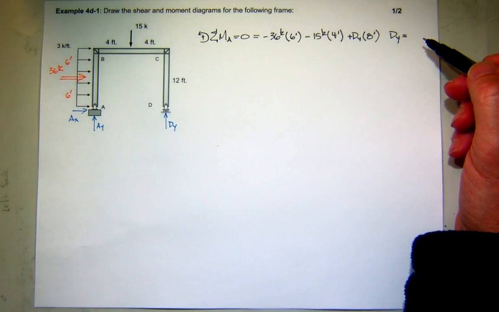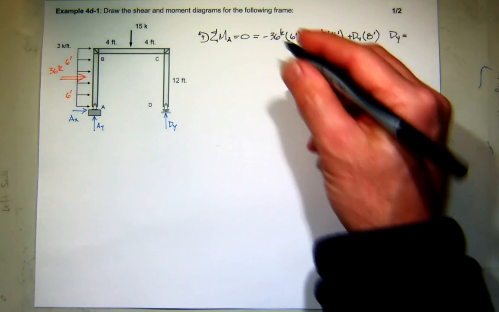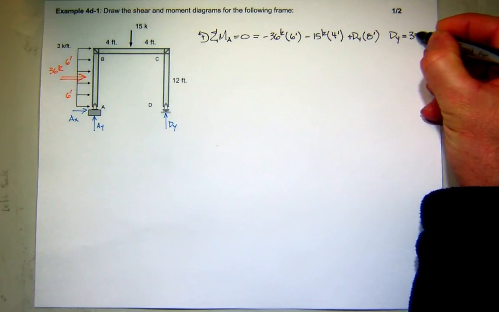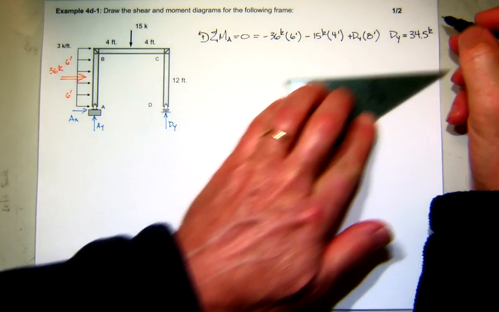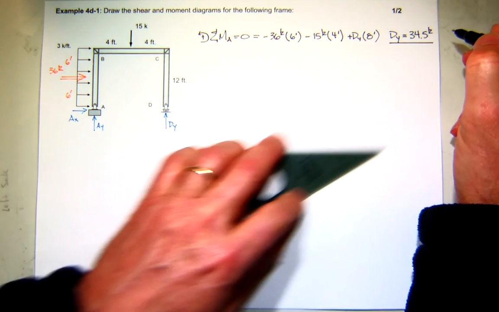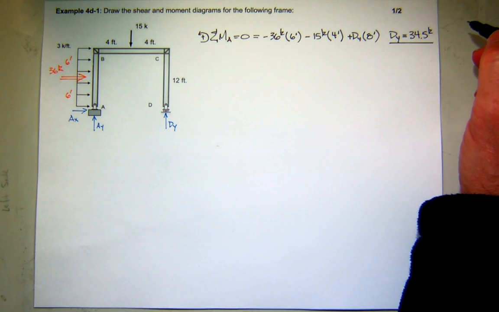Anybody know? What'd you get, Mr. D? I got 34.5. Okay, great. That seems reasonable. Rest of you guys getting that way?